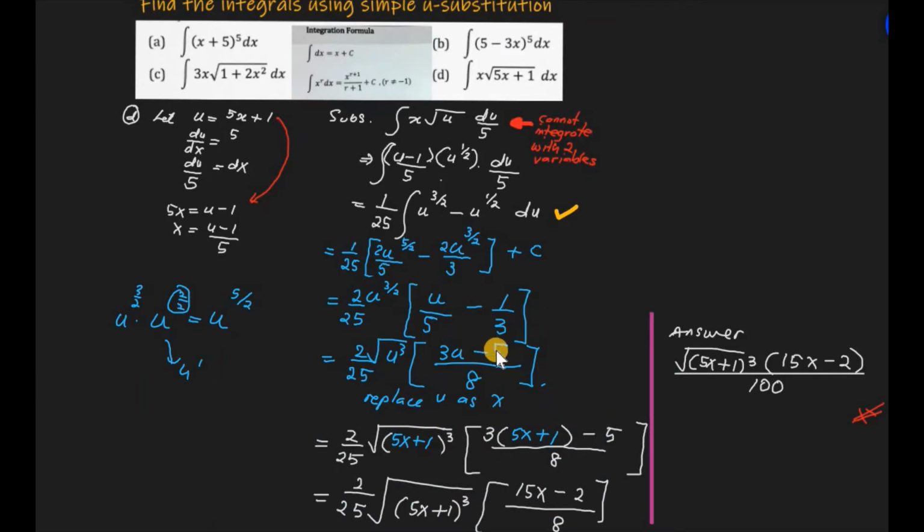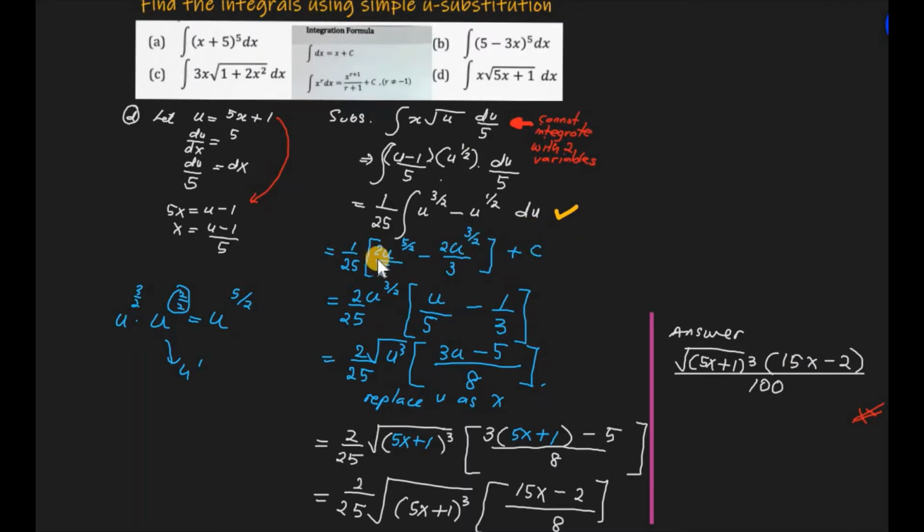Okay, so we substitute. I combine it, replacing back the u as 5x plus 1 over there. And then we have this, and then you can see the 3 times 5 is 15, 3 times 1 is 3, 3 minus 5 is negative 2, 2 and 8 can cancel out, so 25 times 4 we get 100.